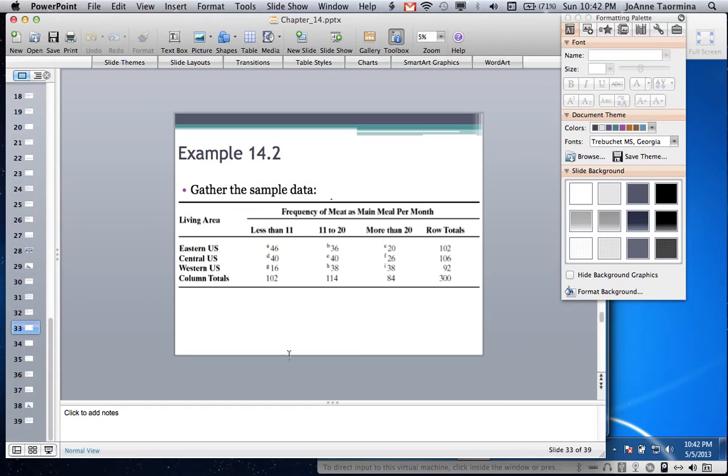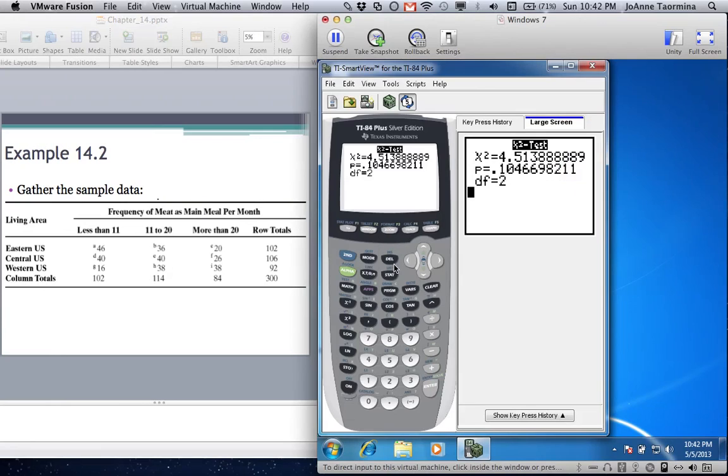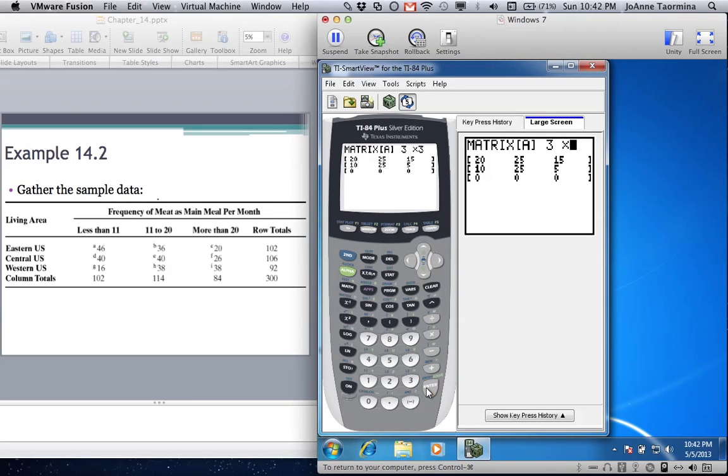Okay, if we open up the calculator, I'm going to keep putting data into the matrix A. So second matrix, go over to the edit menu, hit enter, and we have 3 rows, so we're going to change the 2 to a 3, and 3 columns, so we could leave that as is. And I'm going to use my arrow down to go into the table to start writing.